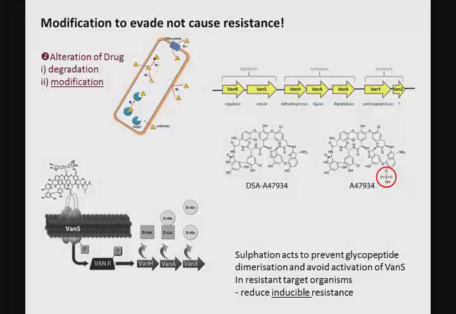This would be a pathetic thing to use clinically, because if you use this clinically, you get a mutation in the regulators that makes them permanently turned on. Okay, this is how you would then get resistance against this. But this is an interesting idea, that you can reduce the inducible nature of a resistant gene cassette.